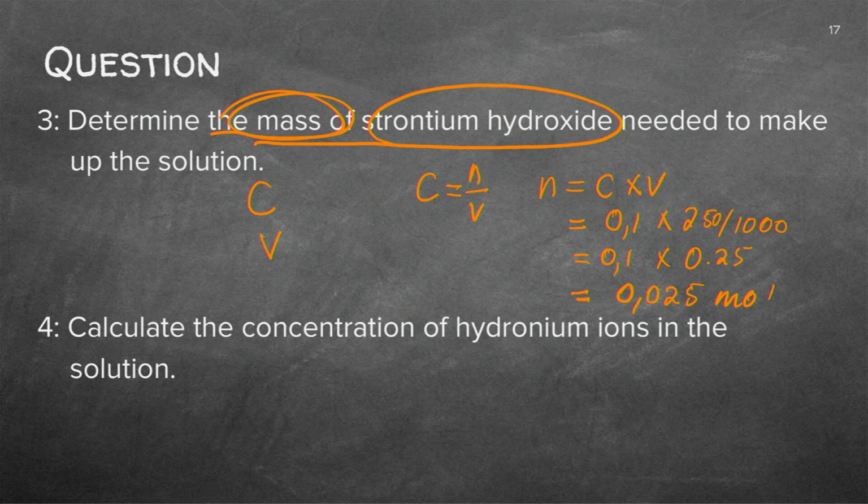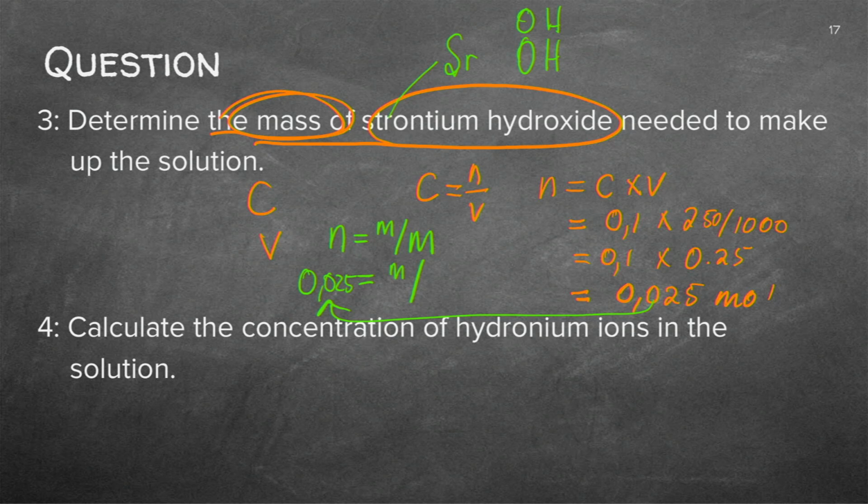They wanted me to get the mass. So I need another calculation. Let's go and do the mass. The moles is the mass over the molar mass. The moles is now 0.025. Can you see? I'm taking that value there. I don't know the mass, but I can calculate the molar mass of strontium and 2 hydroxides.